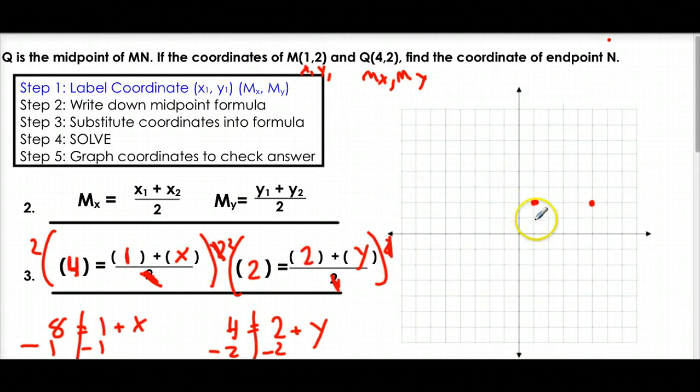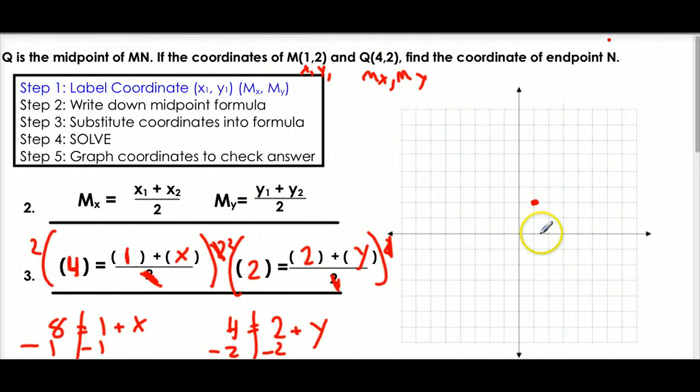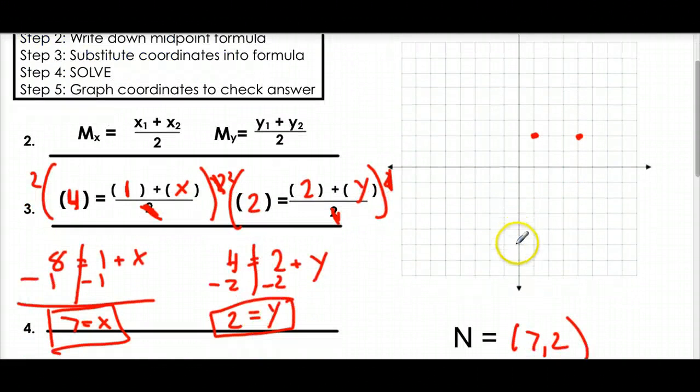So let's try it. We're going to find out that it's at 7. 1, 2, 3, 4, 5, 6, 7. Hold on, I think I graphed the point wrong. 4, 2. 1, 2, 3, 4. Oh, sorry, right here, 4, 2. I miscounted. So this point is at 7, 2. So 1, 2, 3, 4, 5, 6, 7, and up 2.